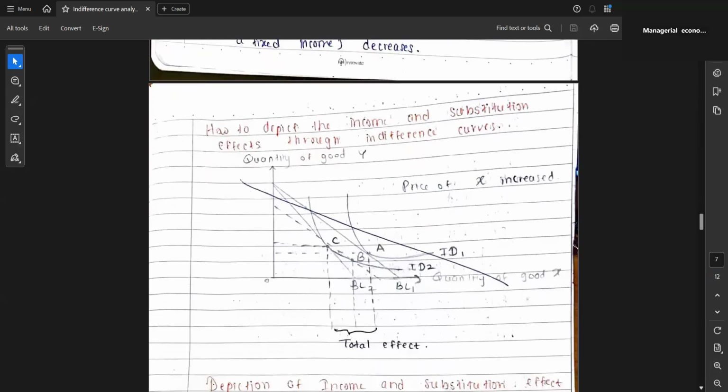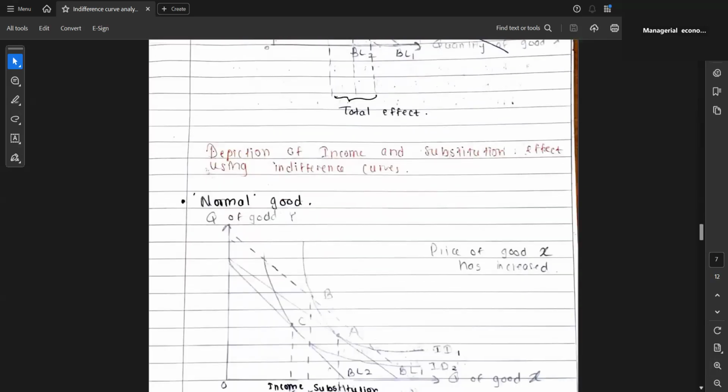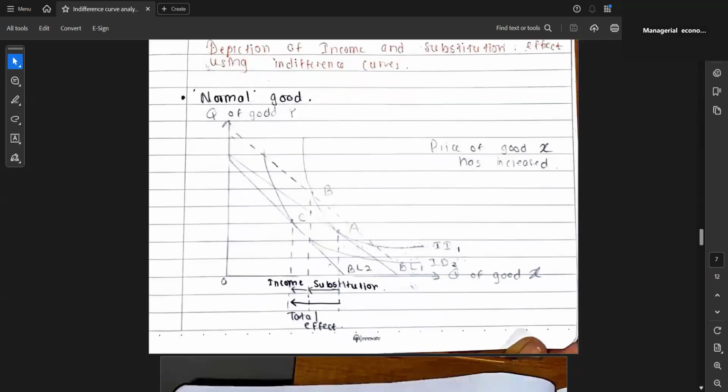These effects can be denoted by an indifference curve. We are looking at how we can do it for a normal good, an inferior good, and a Giffen good. In a normal good, both the income and substitution effects agree with the law of demand.